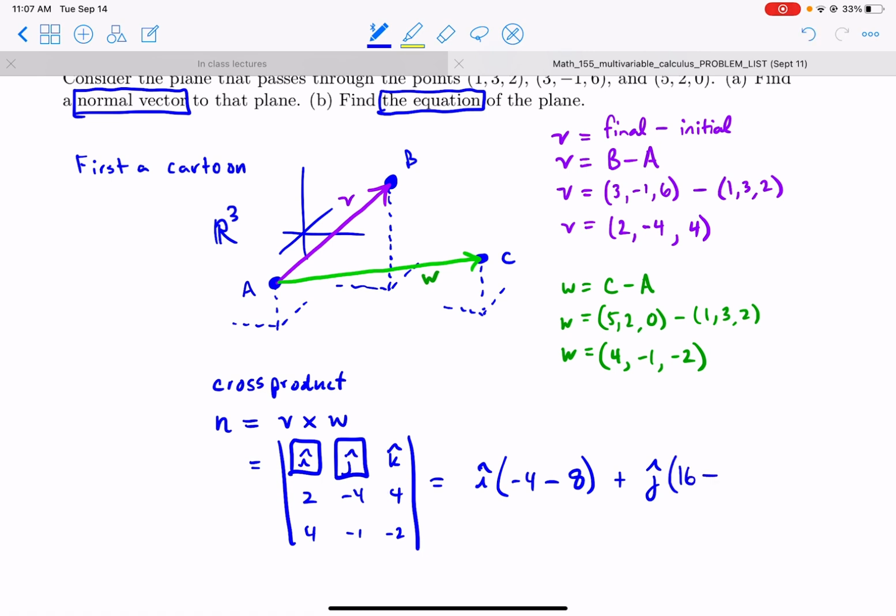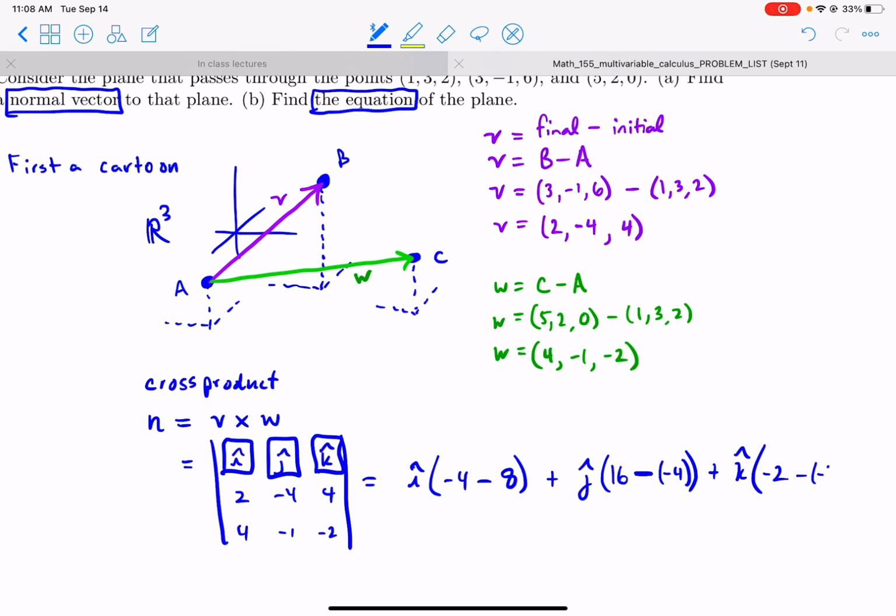And then minus, is it those ones? Yeah, it's minus those ones. So 2 times -2 is -4. So I have a minus 4. Okay, and then plus k hat times, now k hat will get this box, it has positive here, so it'll be a -2 with a plus sign. And then minus what I get there, so it's minus 16.